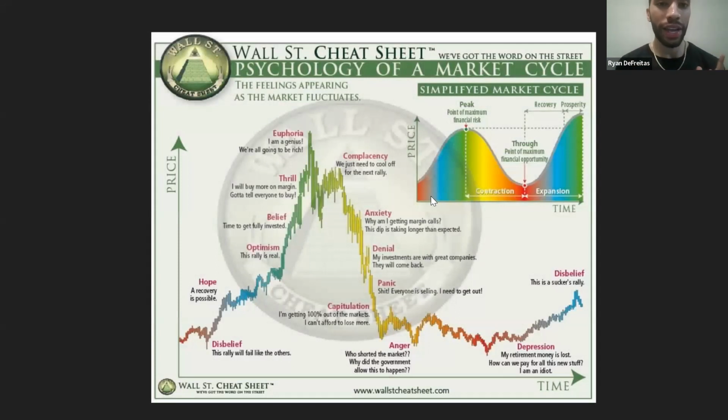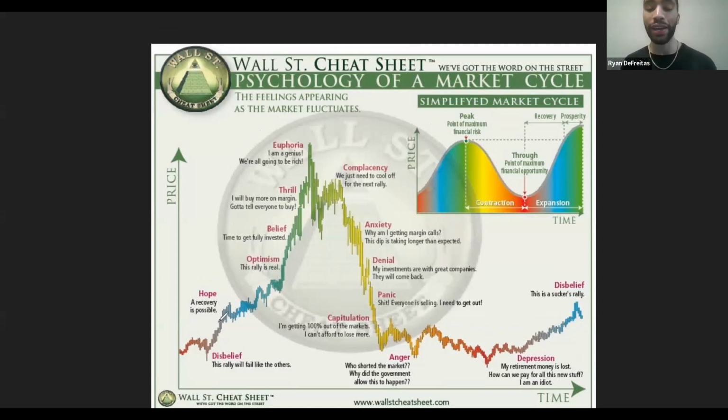So let's also break down the psychology of just regular market cycles. Okay, something I go over a lot, just understanding the natural flow of the market. Okay, because a lot of you guys don't even understand this flow. Okay, when the market is very low, it goes through the emotional patterns of a trader and anyone who enters the market. Okay, now when the market is all the way at the very bottom, right, the very bottom, you're here.